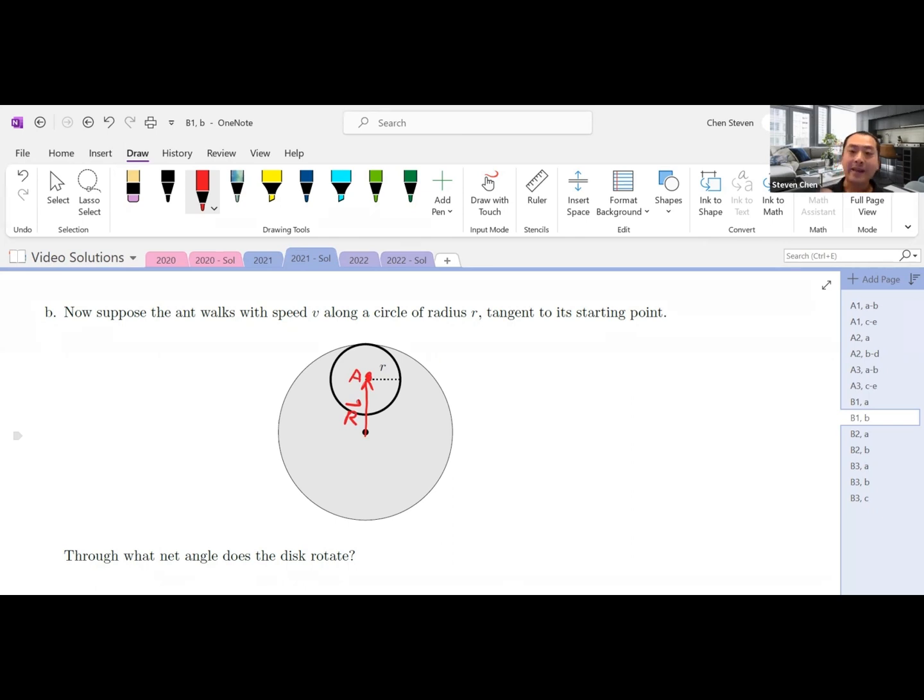And let me call this point A the new reference point. So the ant is making a circular motion, right? So the way to characterize its circular motion is to use the cylindrical coordinate system for this smaller circle. So about this new smaller center A, let me use rho t to denote the position of the ant about A, okay?